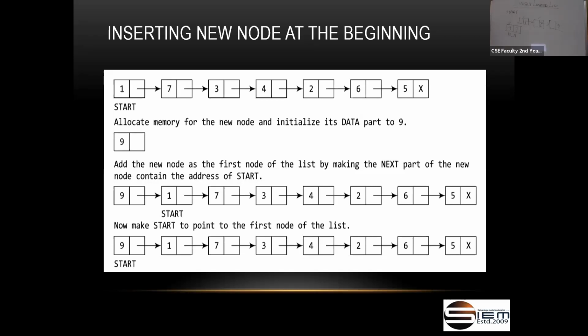So you will do this joining first. If I join it with start first, then start will contain the address of this node and all this will be lost, because you have not stored this address anywhere except start. Okay, so you will join this one first. That is, the next part of the new node will contain the address of the first node. And where is the address of the first node? In start.